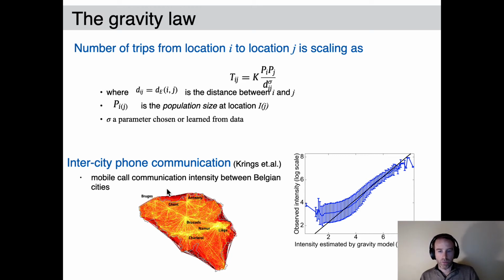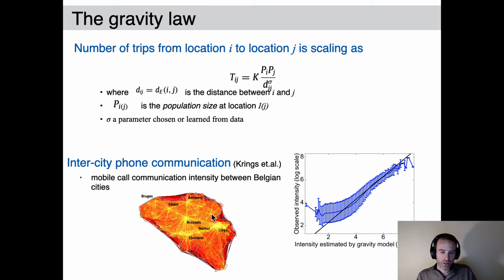And here is a typical example in which you have an intercity phone communication. The researchers have access to aggregated data about how many phone calls are made from one city to another. And if you observe what the network looks like between cities, you see that big cities are kind of hubs, and some cities which are far away might be connected if they are big cities. So you see that there are quite a lot of calls from Brussels to Liège.